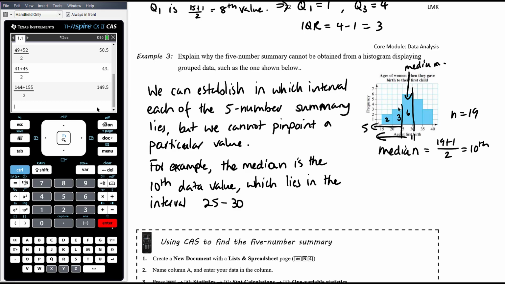Now that interval doesn't actually include 30, but that's about us all having a common understanding. It includes everything up to 29.999999. For example, the median is the 10th data value, which lies in the interval 25 to 30, but we cannot state the precise median value.